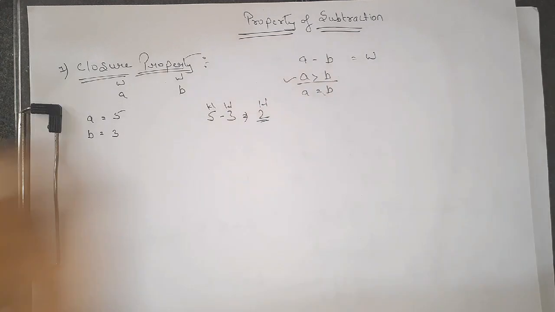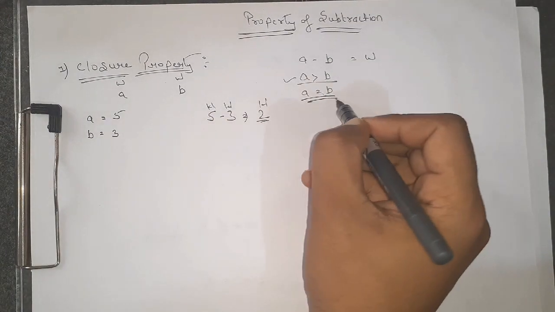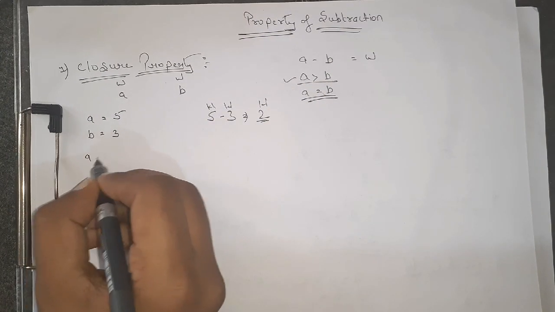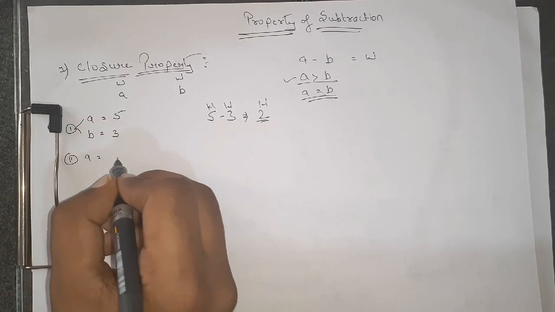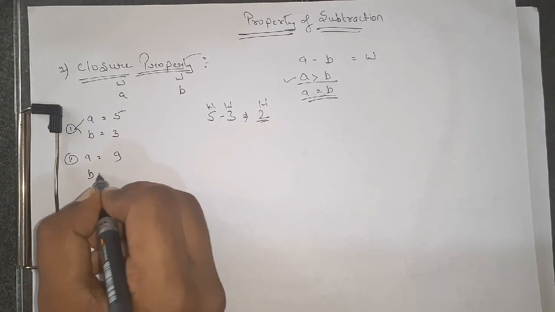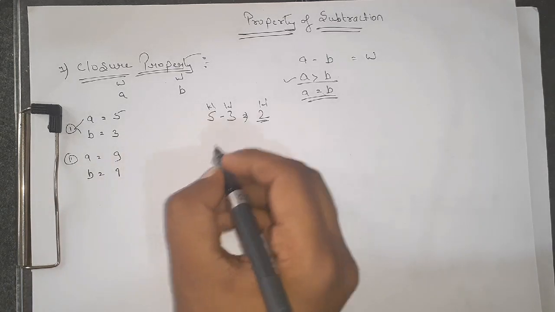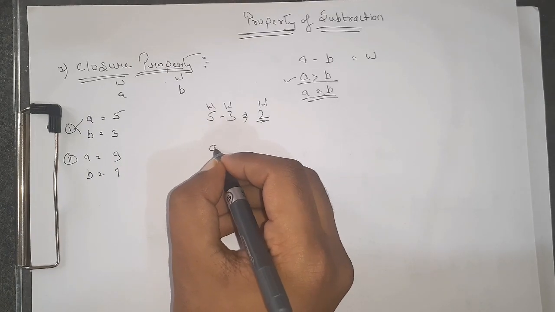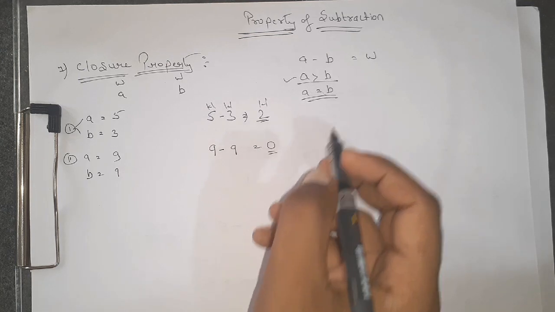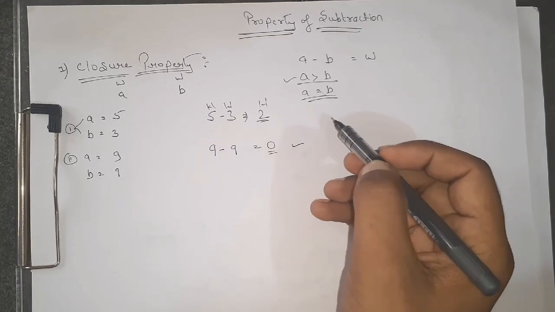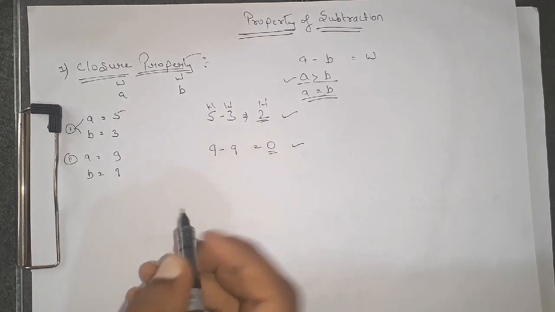This condition is fulfilled. Or the second part, that is a is equal to b. In the second case, a is equal to 9 and b also equals 9, then 9 minus 9 will also be a whole number, that is 0. So both the conditions are fulfilled.